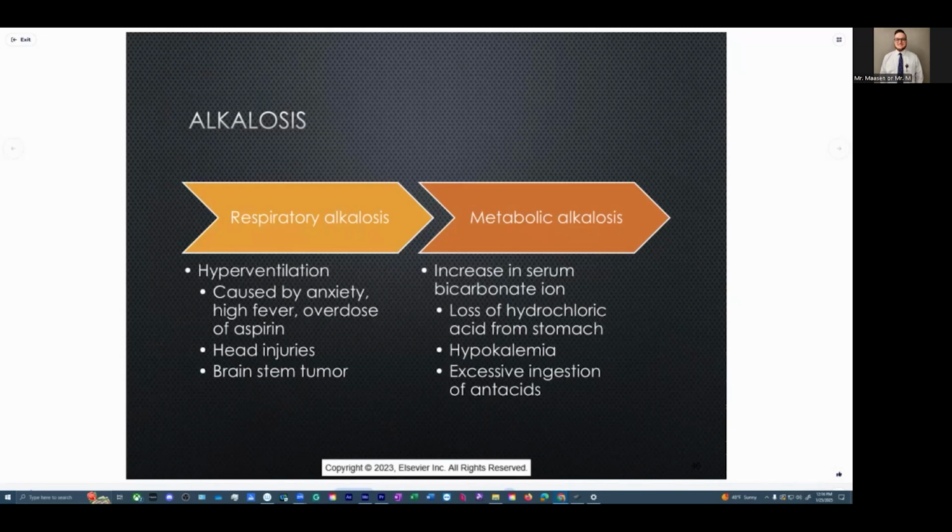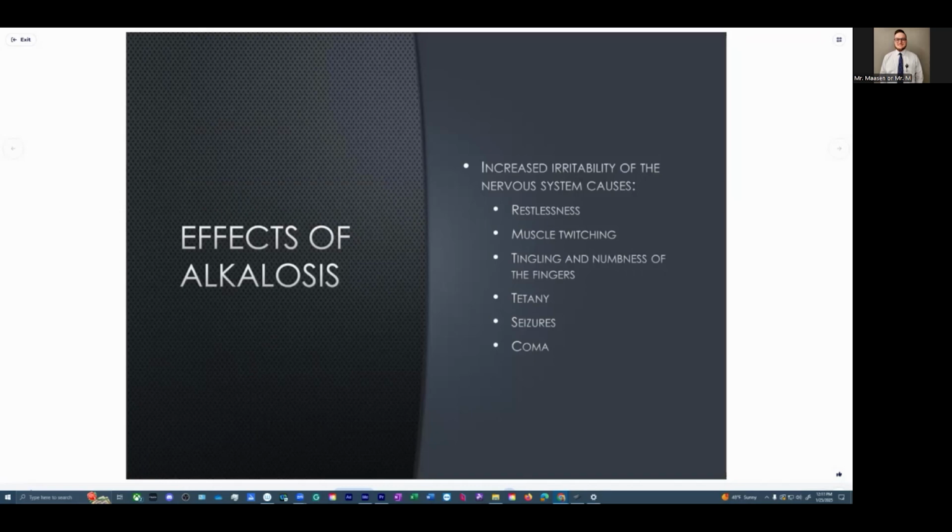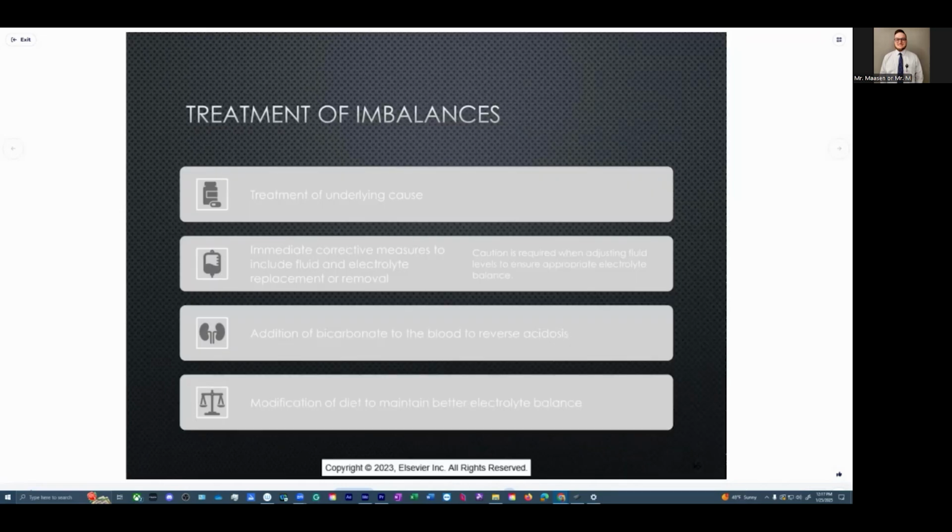The metabolic side is usually just an increase in bicarb. So if I were to vomit and lose stomach acid, that is an acid. If I was to ingest too many antacids, that could be an alkalosis state. Alkalosis is going to mess with calcium levels, seizures, stupor, coma, restlessness.